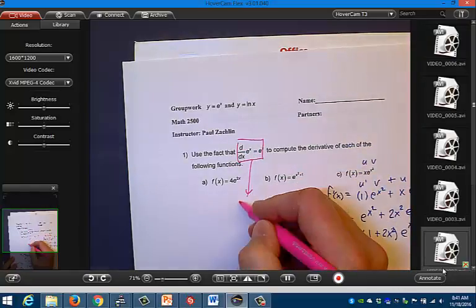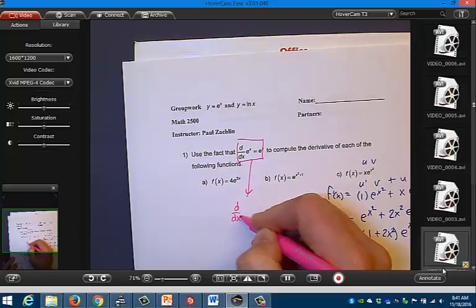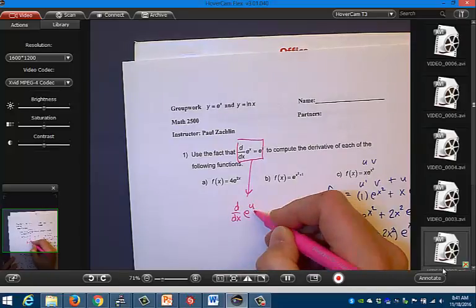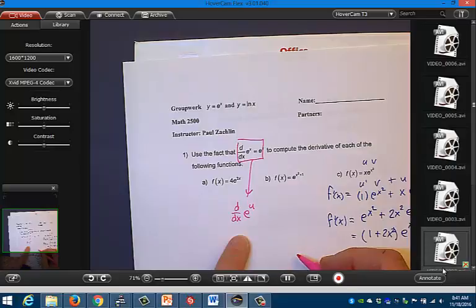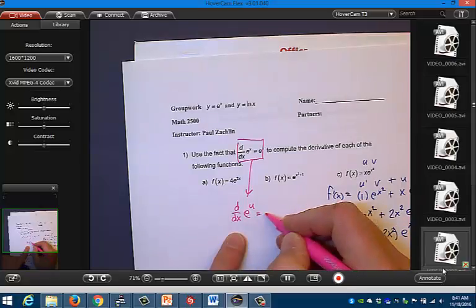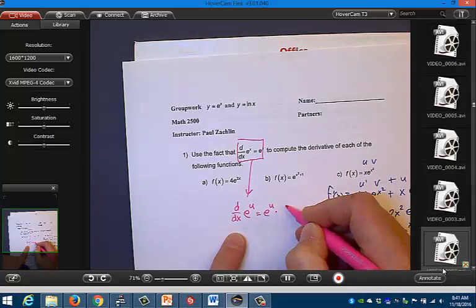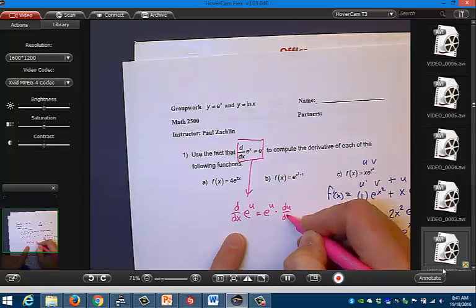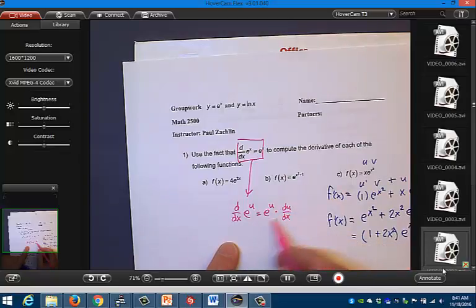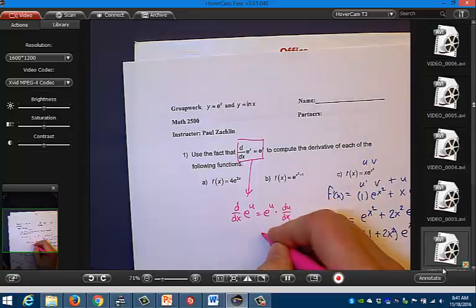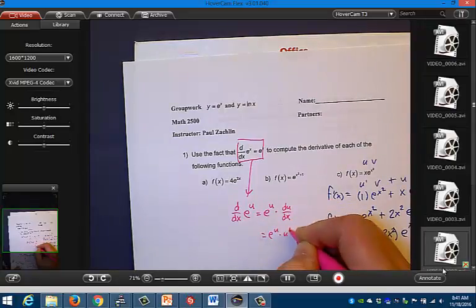But when you talk about this rule, what is the derivative of e to the u? If I write d dx e to the u, what would that be? e to the u times du dx, because u is some function of x. So in general, you have to use the chain rule. Or I think the book writes it this way, e to the u times u prime of x.